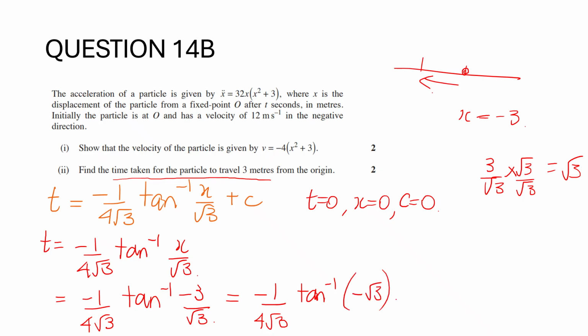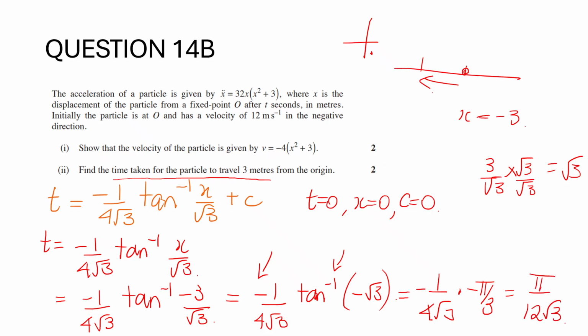Now obviously we can't have time that's negative, so it'd be good if we had a negative answer here. So let's do that. We'll go into that fourth quadrant down here. So negative 1 on 4 root 3. Inverse tan of root 3 is pi on 3, so we want negative pi on 3. So our answer will be pi on 12 root 3 seconds.